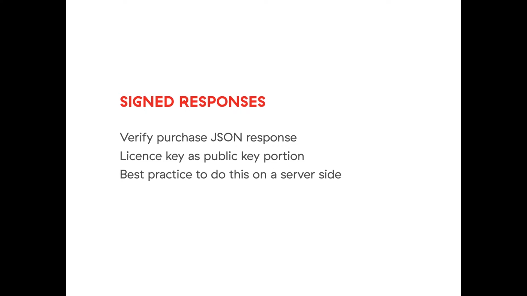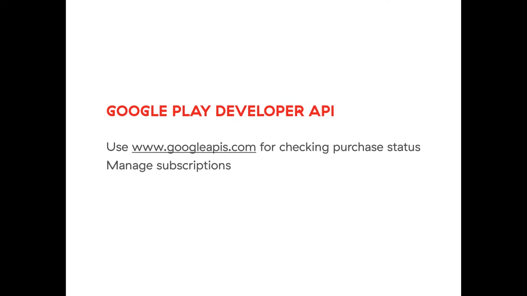There are many applications that can do that, and the first step to avoid that is to check the signed response. So every purchase response contains another field which is a signed token, and you can decrypt it with your public key, that can be found in your Google Developer account. And you can check if the response is genuine.